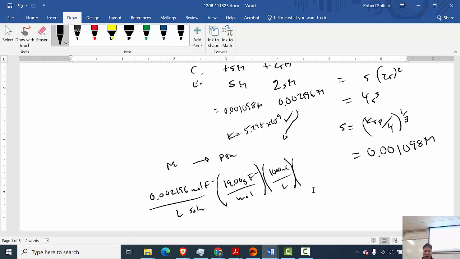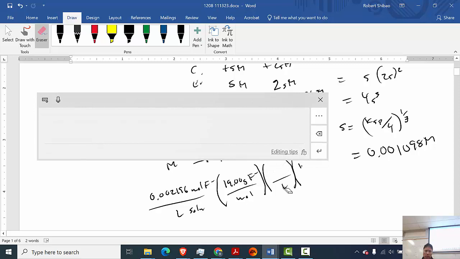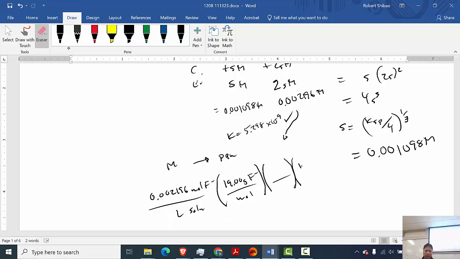And then I'm going to make an assumption. I'm going to assume the density of this solution is close to pure water. And so I'm going to say, actually this is upside down, sorry. I'm going to say for every 1 milliliter, I'm going to have 1.00 grams.